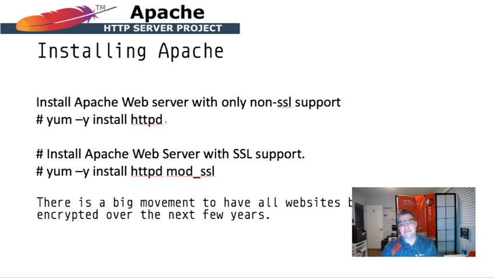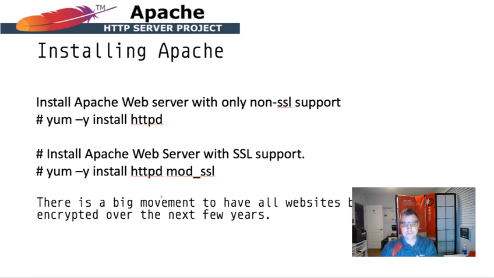If we ran this command alone, it would install Apache with the default web page and a non-secure website. If we wanted to add support for SSL, we could, in addition, say yum -y install httpd mod_ssl.